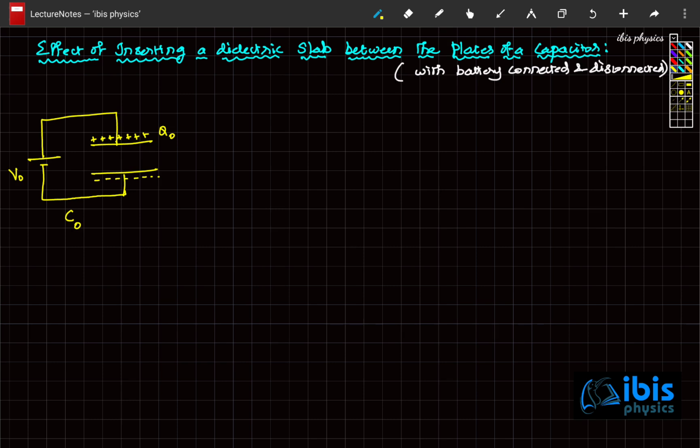Because we know capacitance value is epsilon naught A by D, that is number one. And what is the electric field that is set up between the plates of the capacitor?